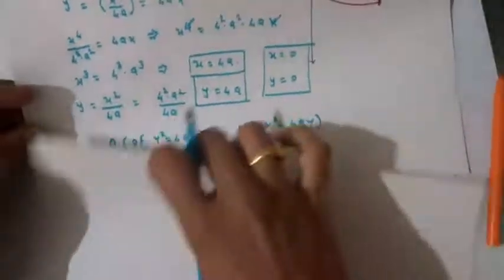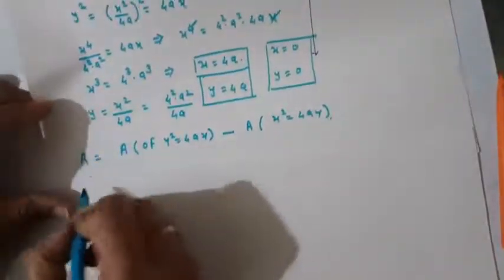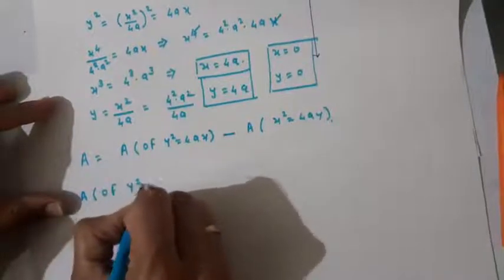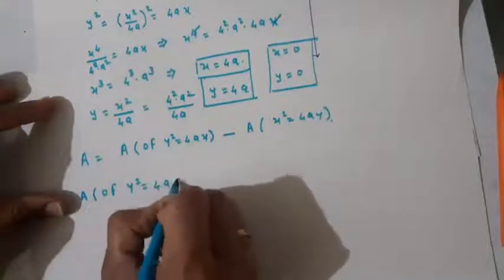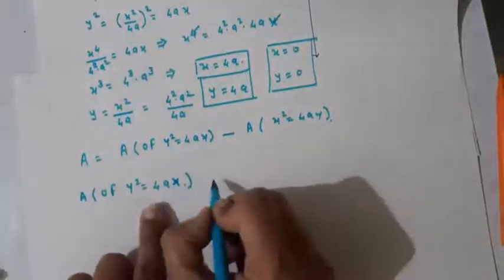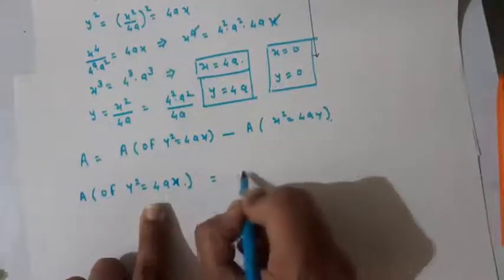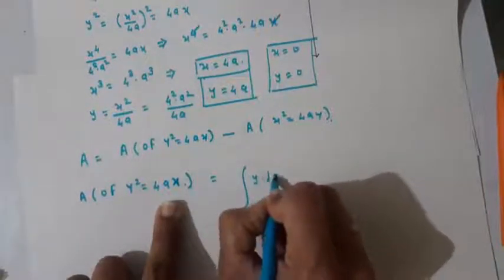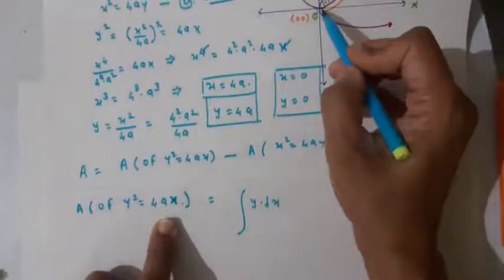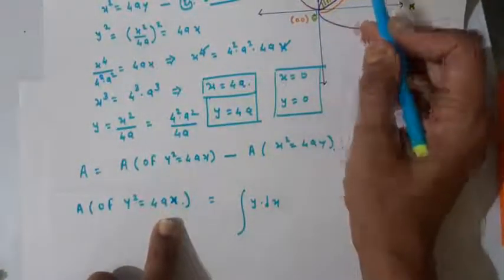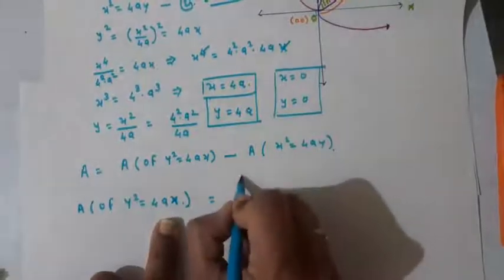So let us find out the area of the parabola y square equal to 4ax. Here that is given by integration of y with respect to x, limits of integration 0 to 4a.